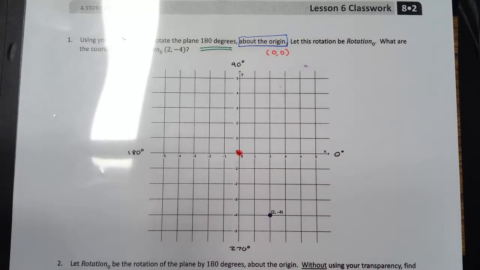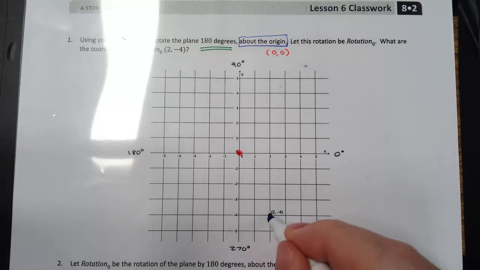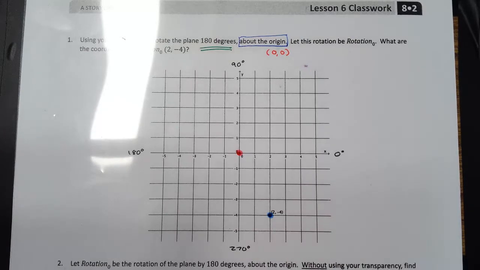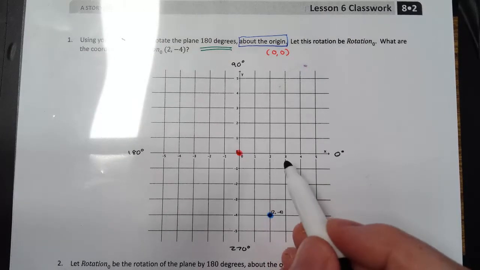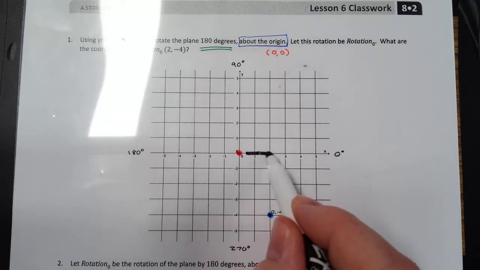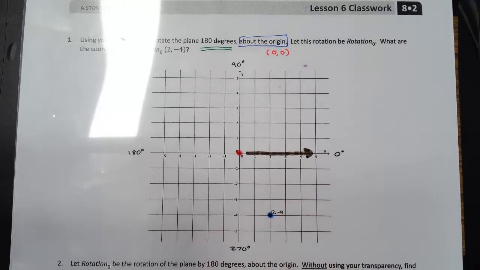Let's put the object, the figure that we are rotating, which is 2, -4. And the third thing we need to put is our arrow pointing to 0 so that we know when to stop the rotation. We want to only go 180 degrees.